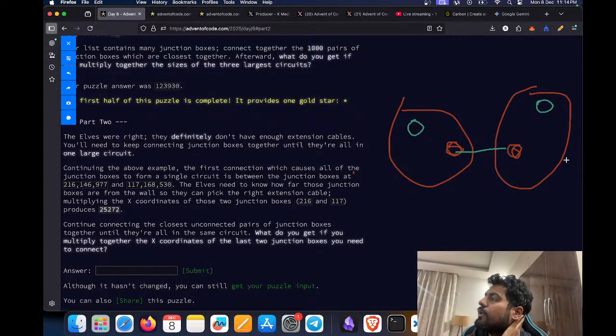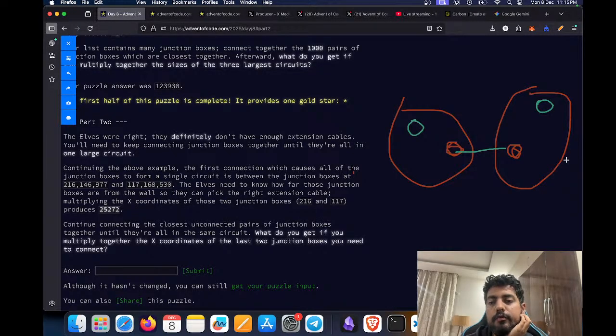So we have all these distances array, and we need to keep doing this until we have one big set. And the first time that happens, so the distance array that we have, we need to multiply the x coordinates of those distances.